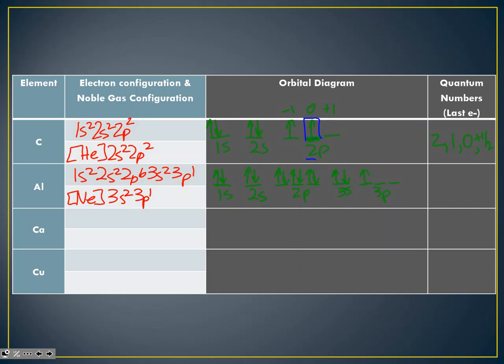Now, which one's the last electron to fill? This one, right? So what are the quantum numbers for that electron? 3, and then it's in a p, so that's a 1. -1, because this is the -1, 0, +1. And plus a half. Good.